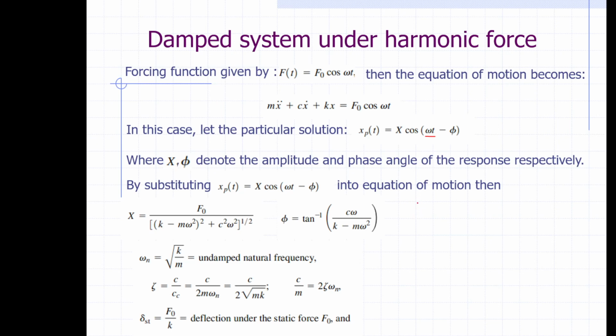First, you have h equal to H cosine(omega t minus phi), and then you find h dot p equal to minus H omega sine(omega t minus phi), and then h p double dot equal to minus H omega squared cosine(omega t minus phi).